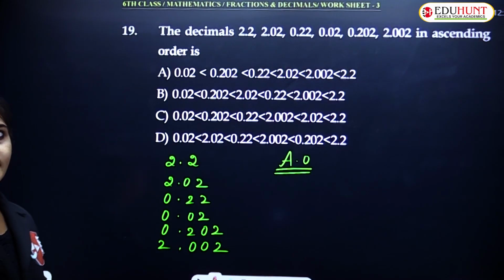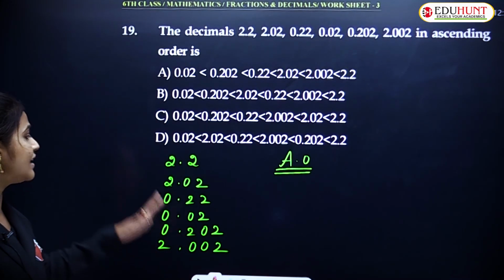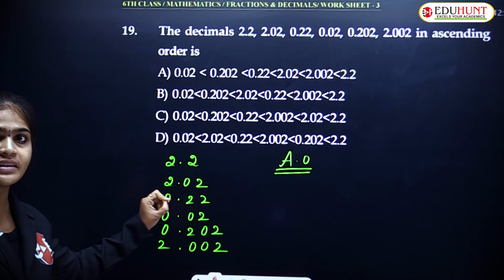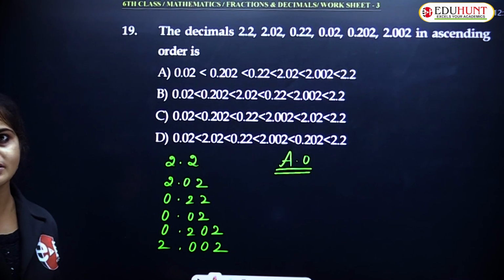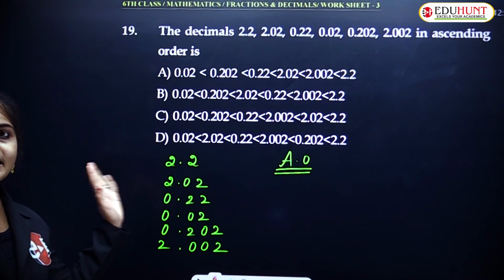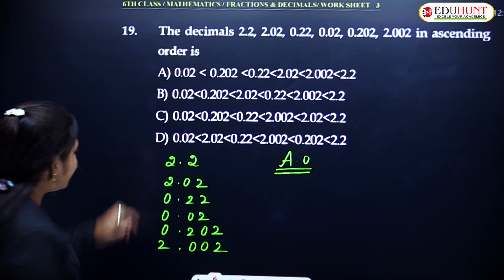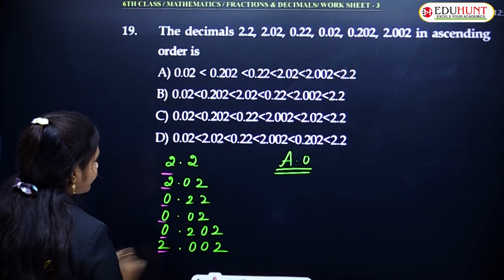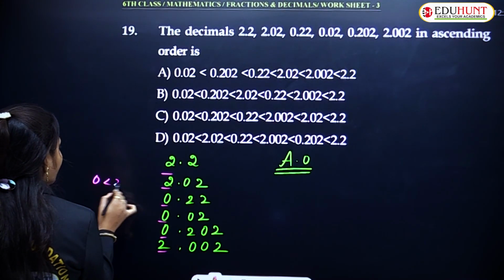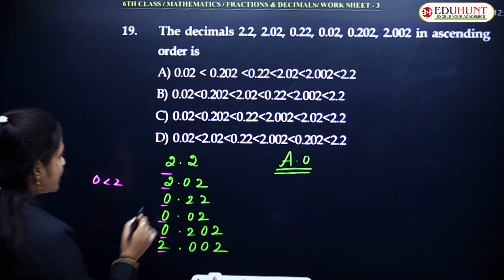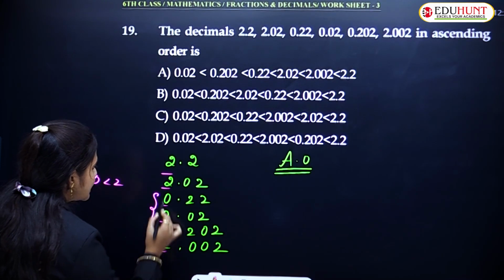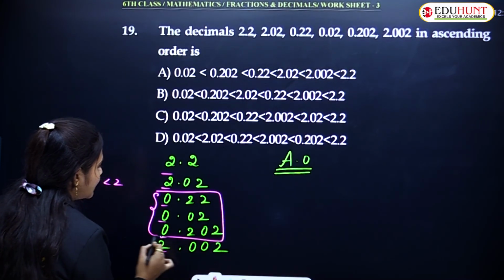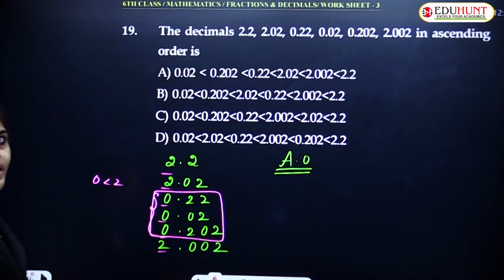To compare these numbers, first you have to compare the integral part values. In the integral part values, what is the least value here? 0 is less than 2. Am I right? So first you need to compare these 3 numbers, where 0 point something is there.